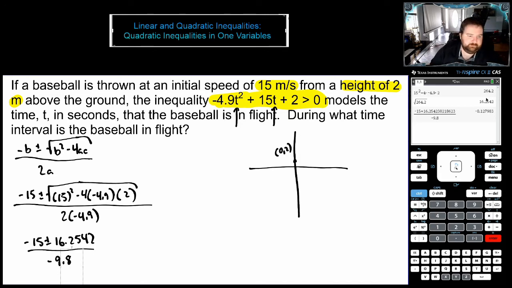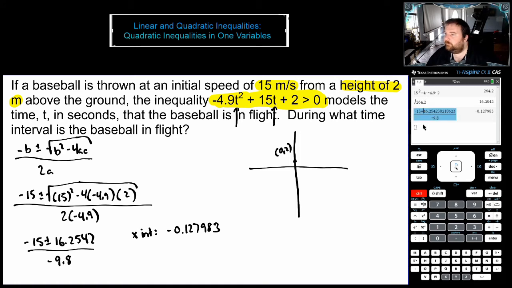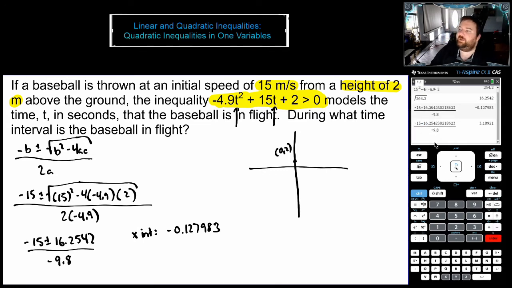All right, so my first x-intercept is negative 0.127983. And my second one is, I'm just going to copy this and change this to a negative sign. 3.18921, which we're going to round.